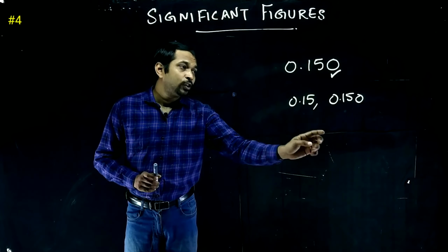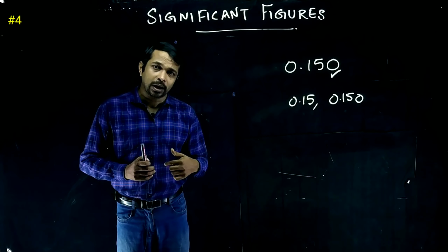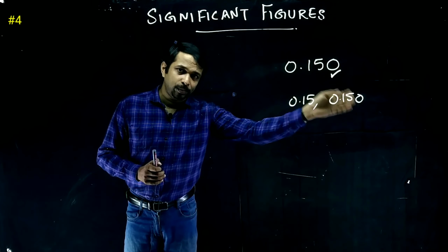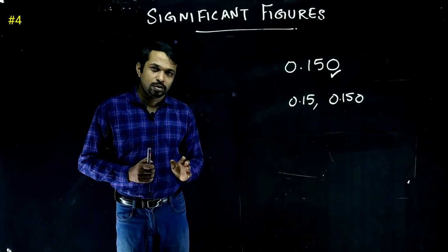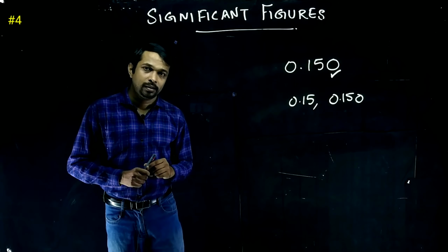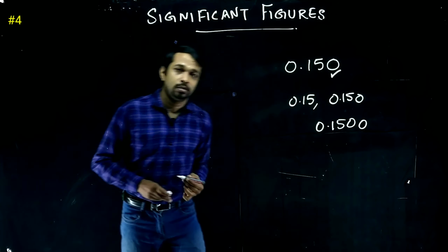But here, we are measuring up to 3 decimal places, and we are finding out that the value at the third digit is 0. So which one do you think is more precise? Of course this one. Now let me increase, 0.1500.